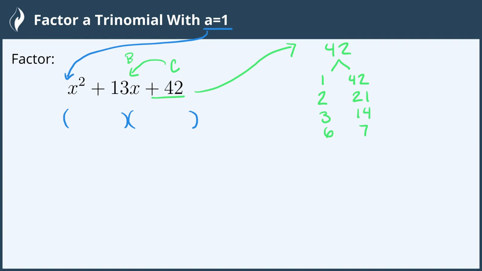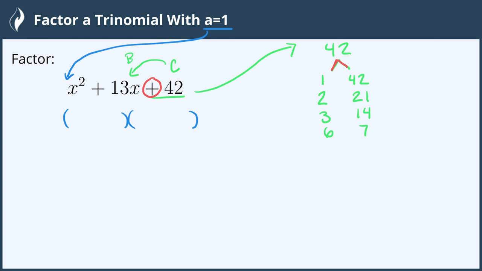Now we need to look at the signs. This last term is positive, and that's the one we need to look at first. That tells us that the signs of our factors will be the same. We don't know what they are yet, but they'll either be both positive or both negative.